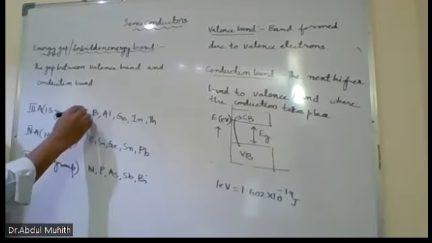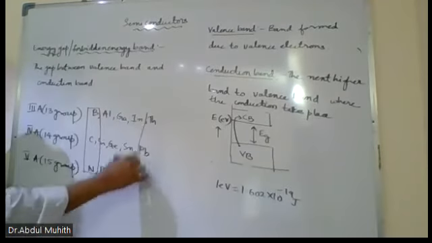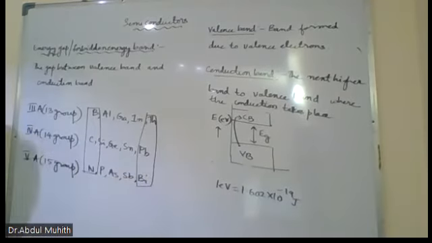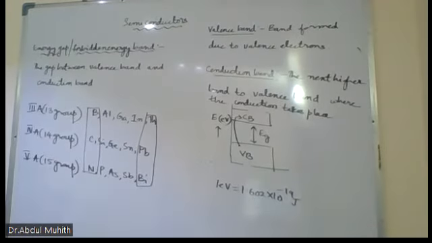Here we don't take these 3 because they are gases, and we don't take these 3 because they are radioactive. Only these are involved in the preparation of the semiconductors.